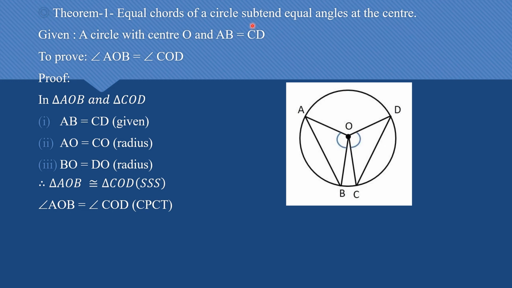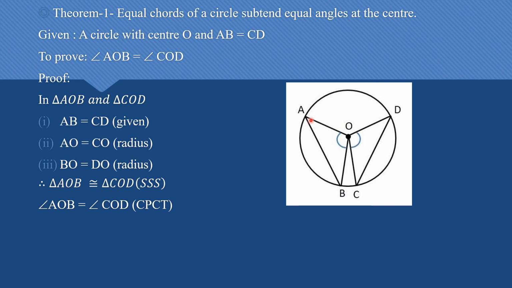We need to prove angle AOB is equal to angle COD. Given a circle with center O and two chords AB equal to CD, to prove the angles made by these chords at the center are equal, that is, angle AOB is equal to angle COD.